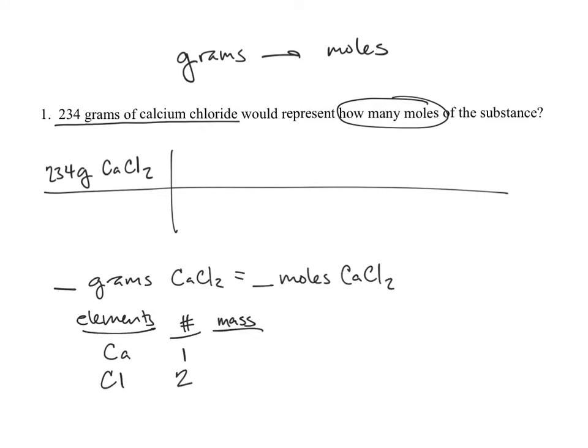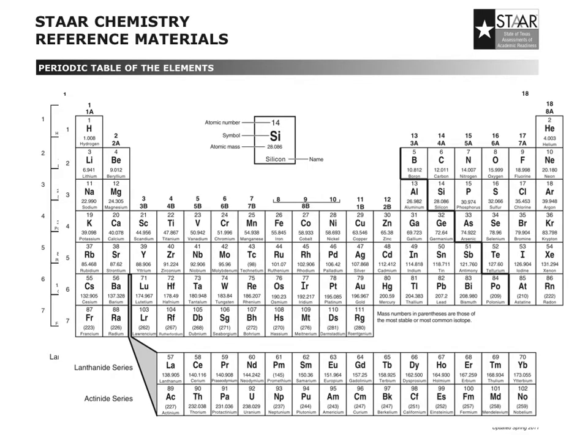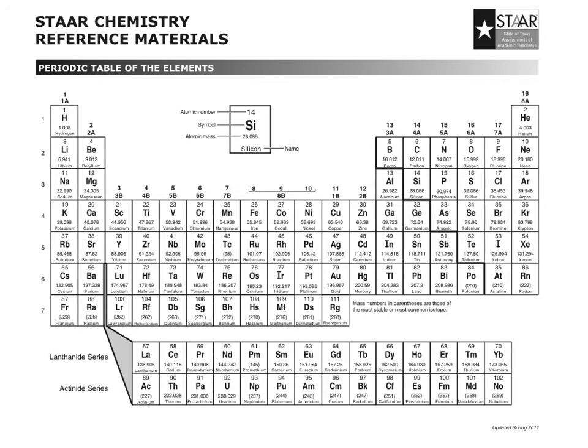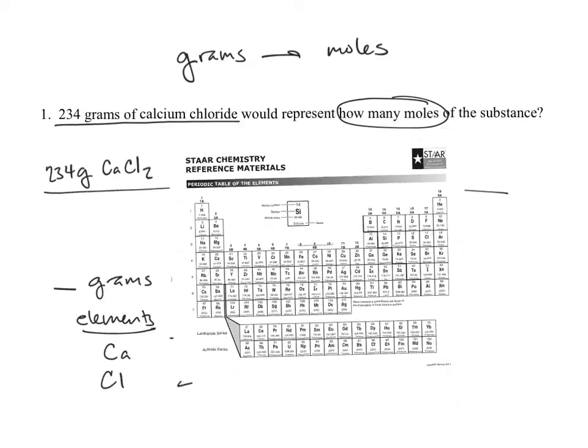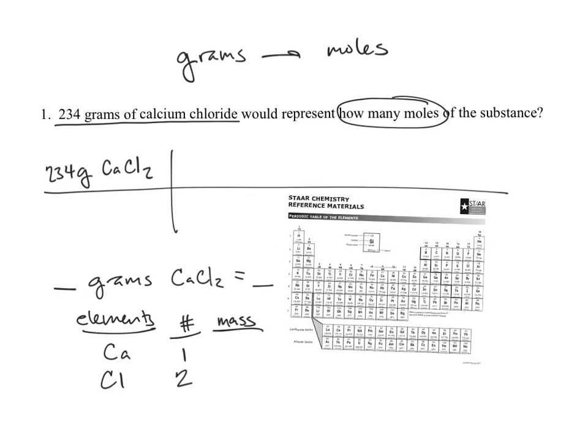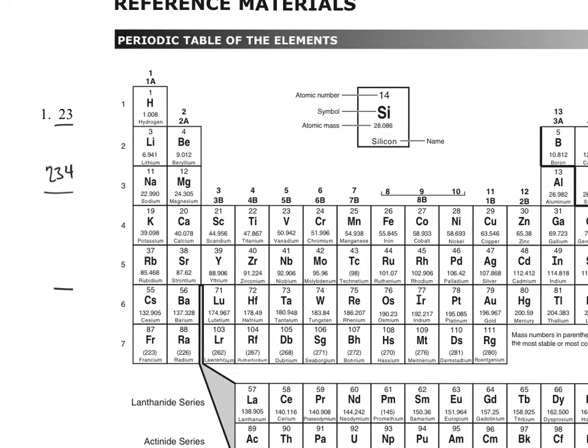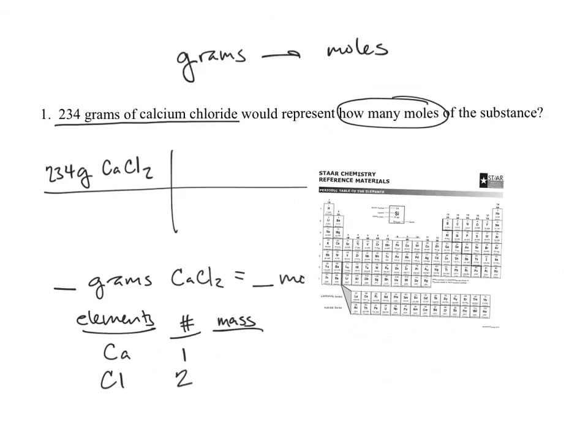Let me find mine in my clip art. There it is. All right, so we've got this chart here to tell us the mass of calcium. Calcium right there is 40.078.